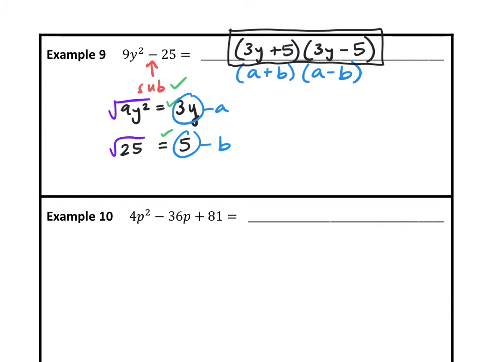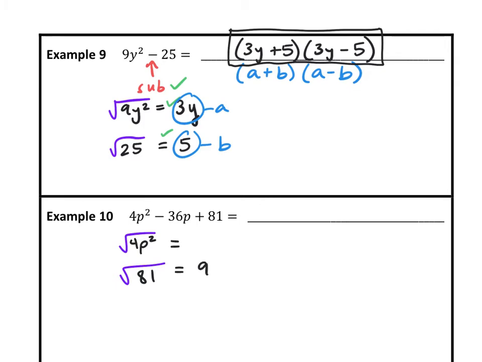All right, number 10. We have 3 terms, so it might be a perfect square trinomial. So we just got to check a couple of square roots, right? Can I take the square root of the first term? Can I take the square root of the last term?